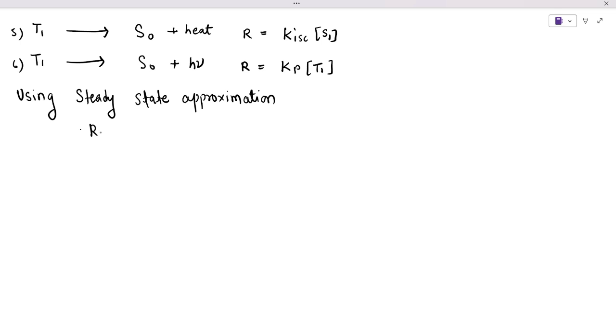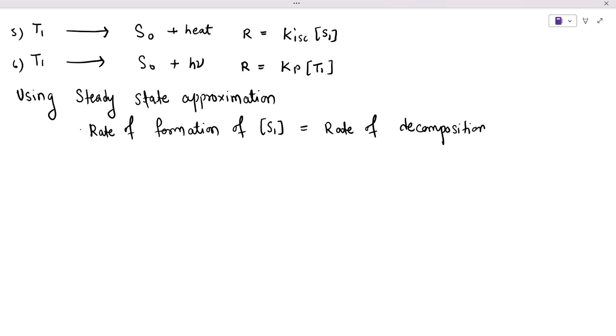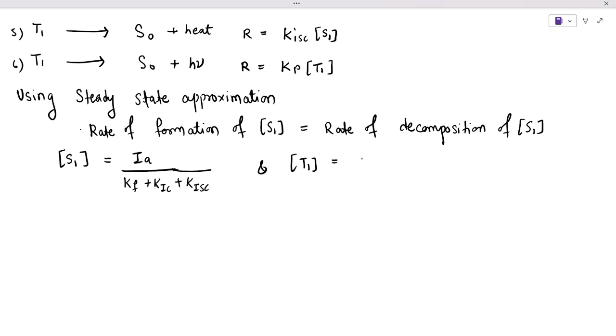In this case, the rate of formation of S1 equals the rate of decomposition of S1. After solving, we get the value of S1 as Ia divided by kF plus kIC plus kISC.